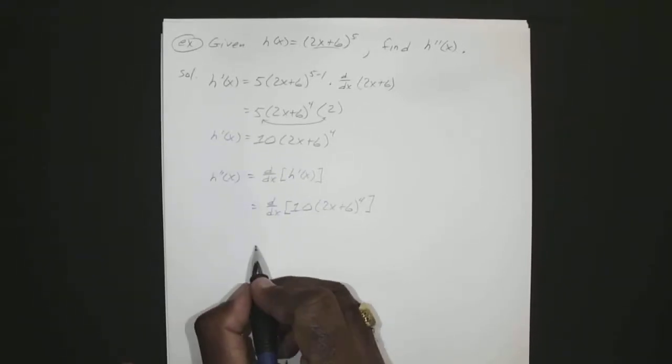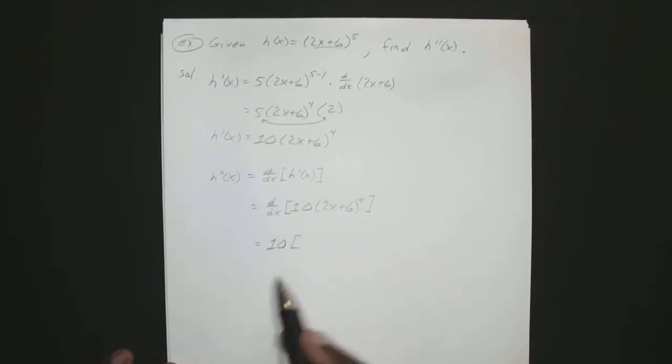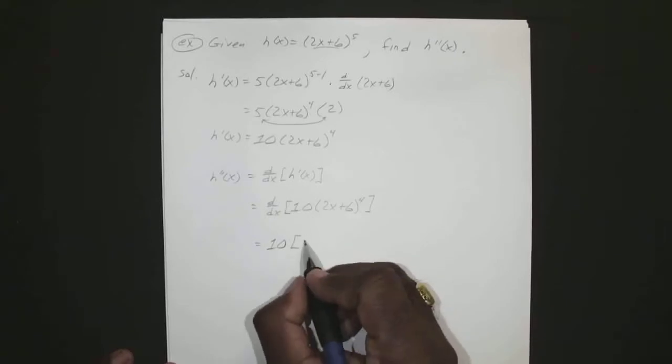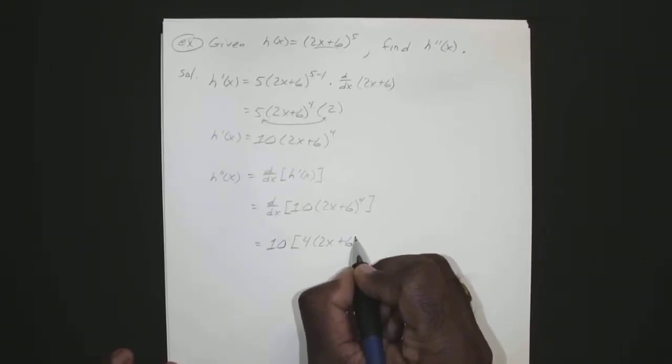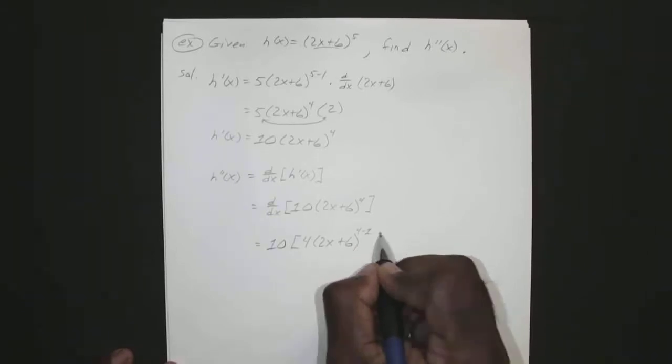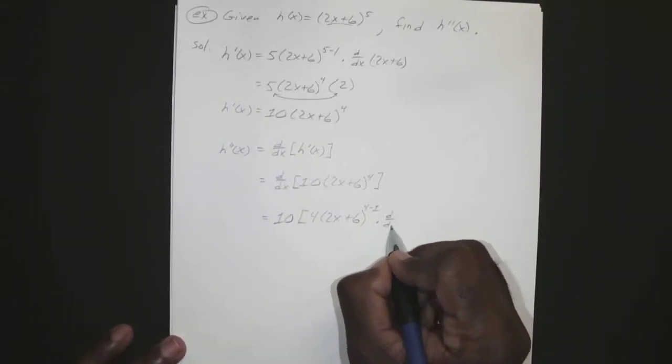Okay, so we can go ahead and just factor out our 10. Okay, so we bring our 4 down to the front, (2x + 6), and we subtract 1, times the derivative of what's inside.